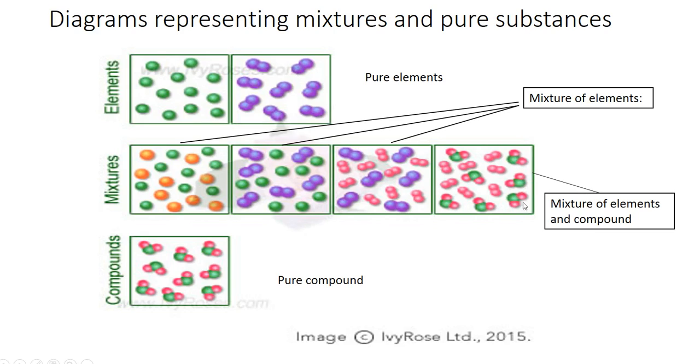So this is a compound and this is an element. If I ask you, can you draw me a diagram showing a mixture of an element and a compound? This is the example. Or during an exam, I can give you a multiple choice question with these diagrams and say, all right, identify a mixture of elements. Identify a mixture of elements and compounds. You should be able to do that.